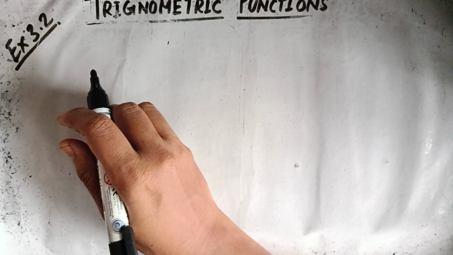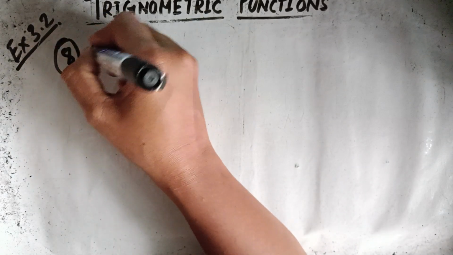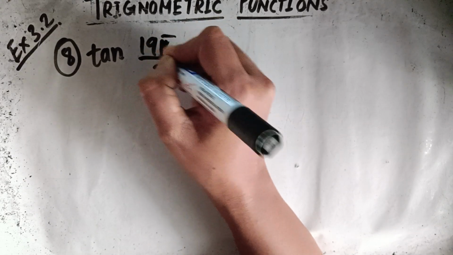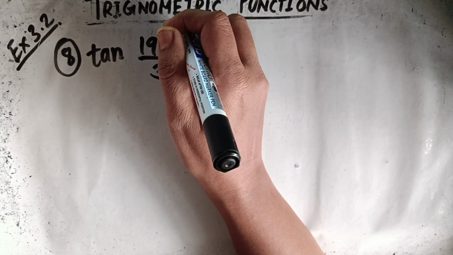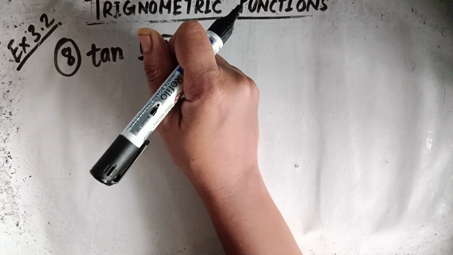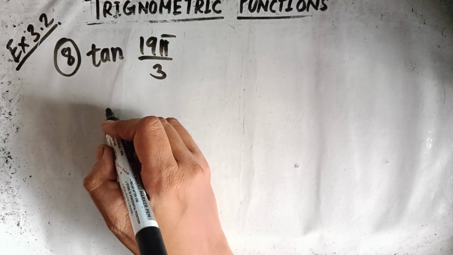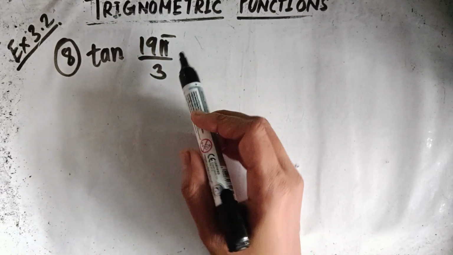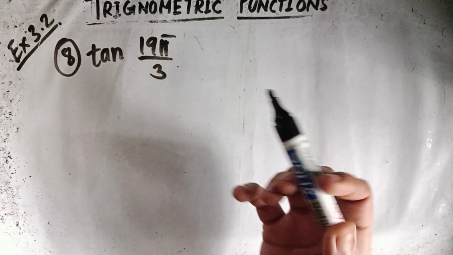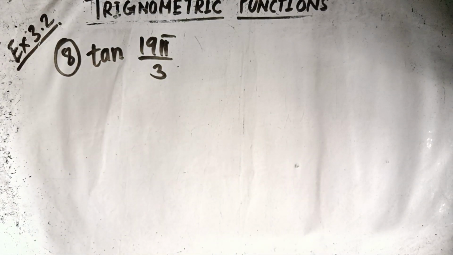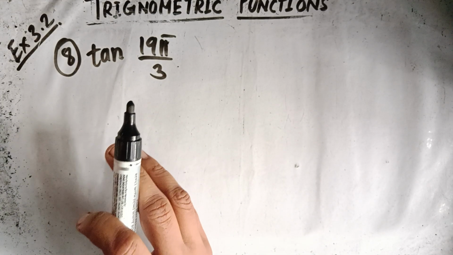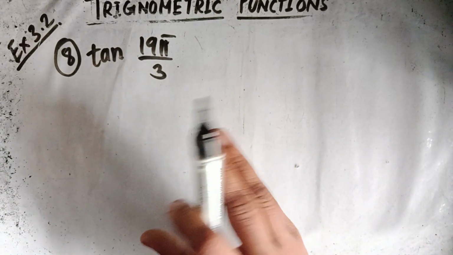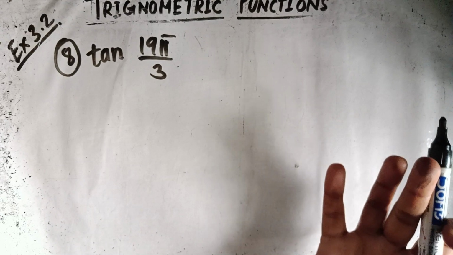Next is question 8. Tan of 19 pi by 3. Now you have to reduce this to some number, okay, so that it becomes something like a multiple of 2 pi plus something.